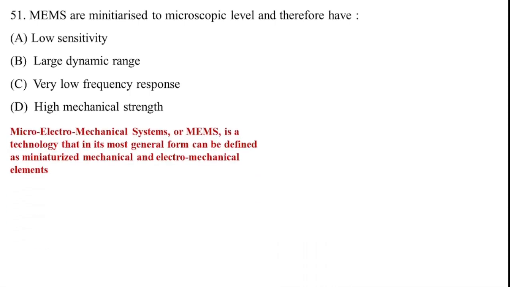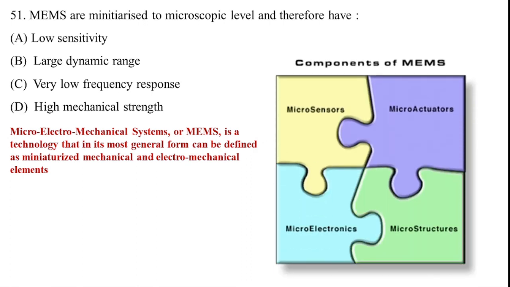The full form of MEMS is micro electromechanical system. MEMS is a technology that, in its most general form, can be defined as miniaturized mechanical and electromechanical systems or elements. There are 4 main components: microsensors, micro actuators, microelectronics and microstructures.